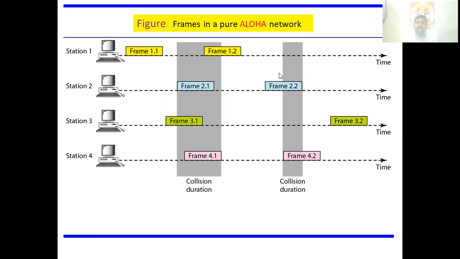Similarly, the second frame of the second station is colliding with the second frame of the fourth station. So only frame 1 of station 1 and frame 2 of station 3 are not colliding.